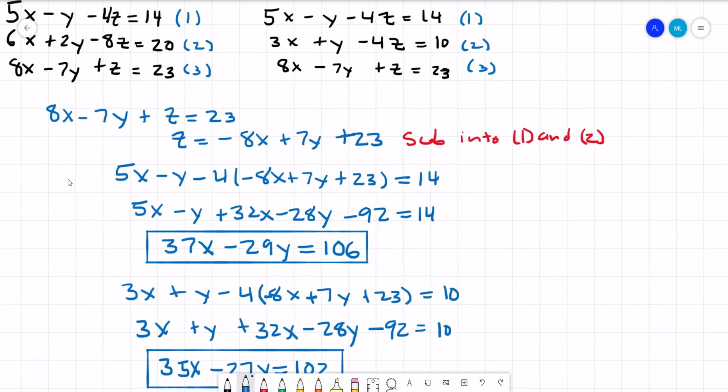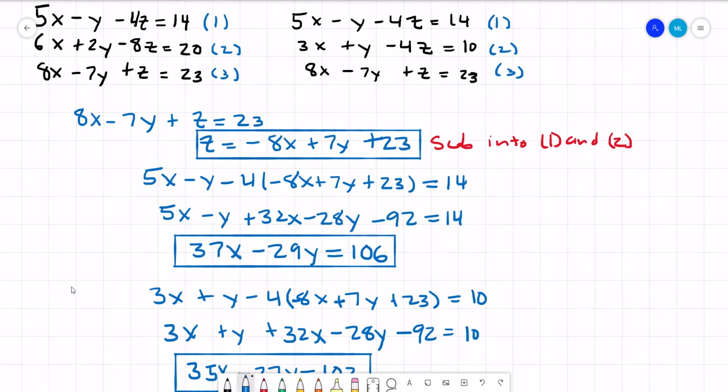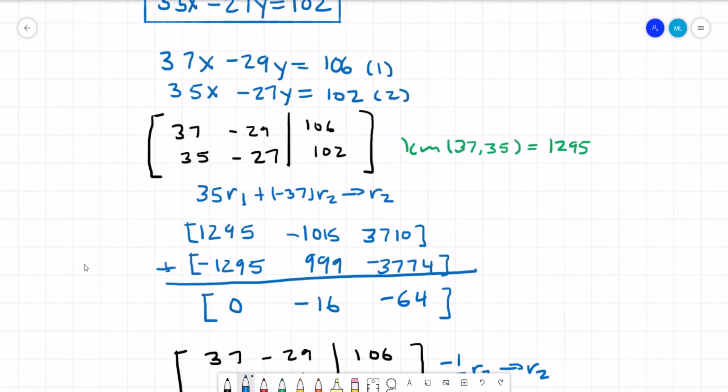But that would mean that we would need to plug x, y into this equation right here. Now, we could technically plug it into any of the 3 equations and then solve algebraically using substitution, but we could actually use the one that we had.